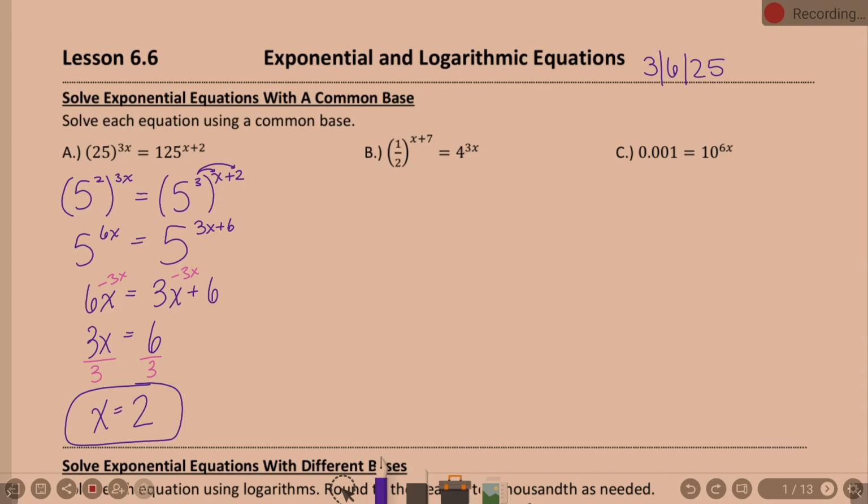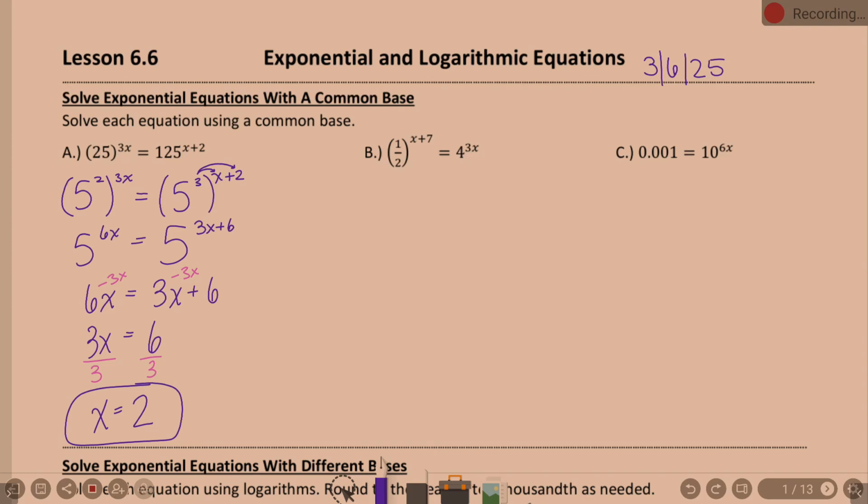You have some hints because we're still in this section. Think about how you can rewrite 1/2 and 4 with the same base. You're not going to find 1/2 on this paper, because we don't have fractions on our gold paper. But what's in the denominator there? A 2.